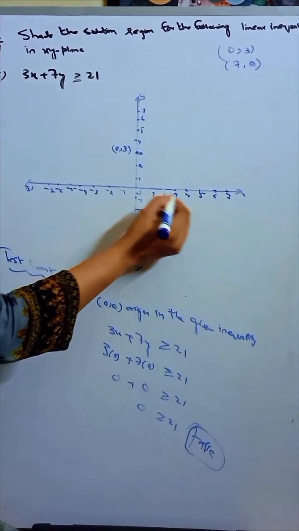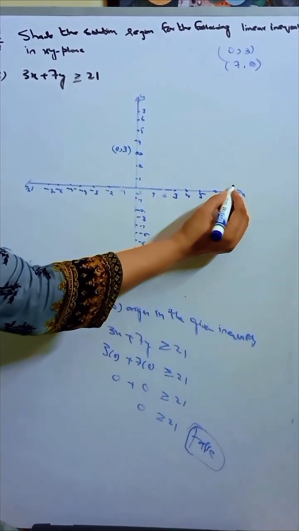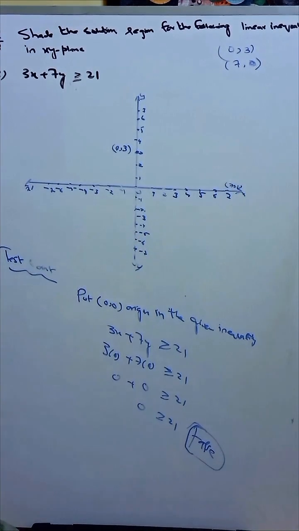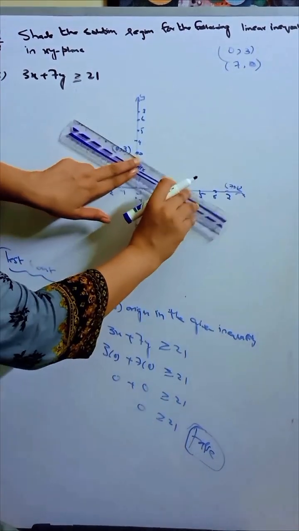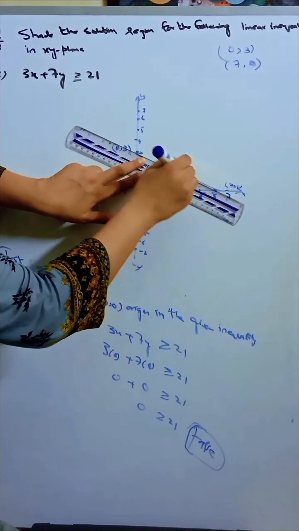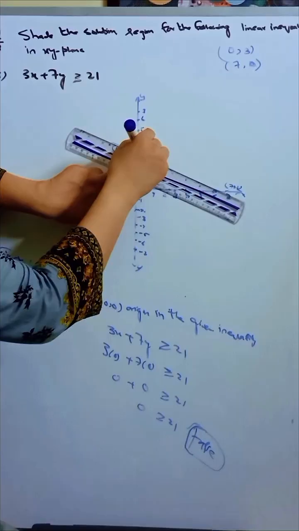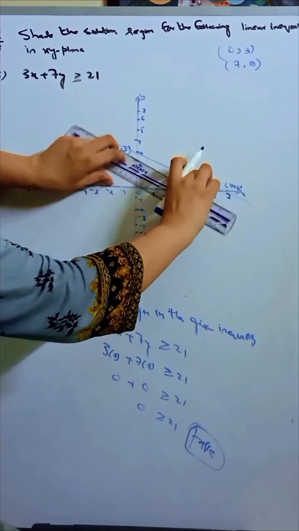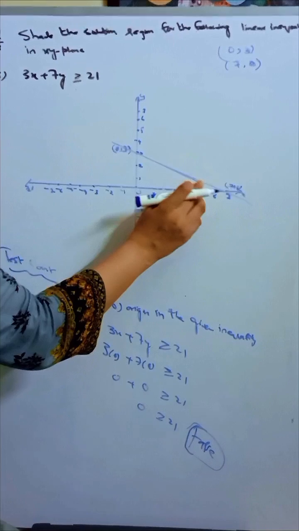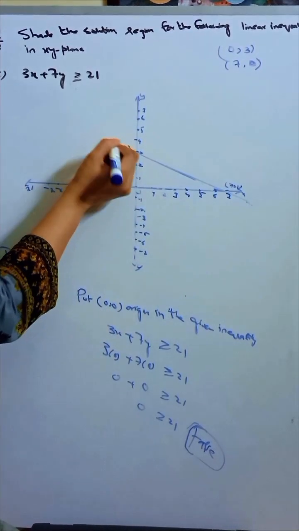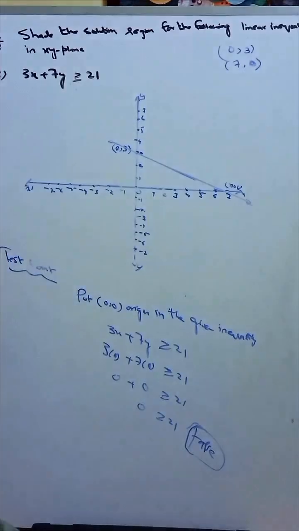Now by joining these two points, it's a straight line. Arrows must be drawn.